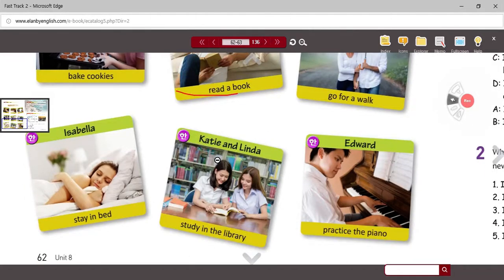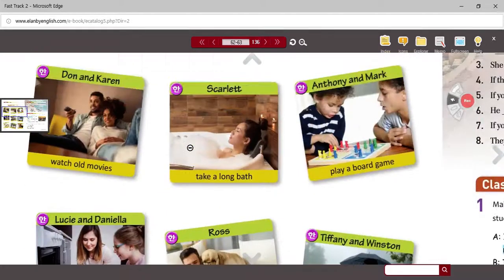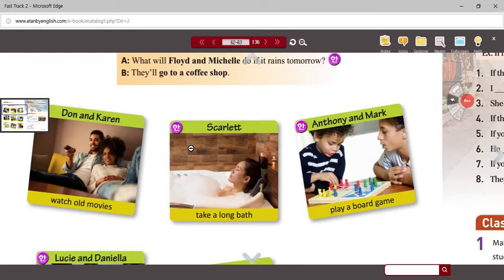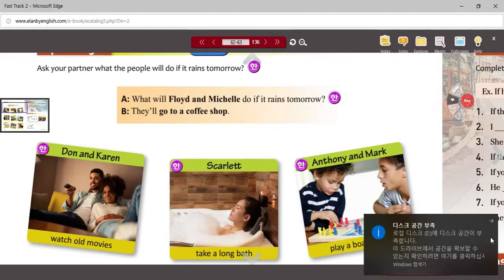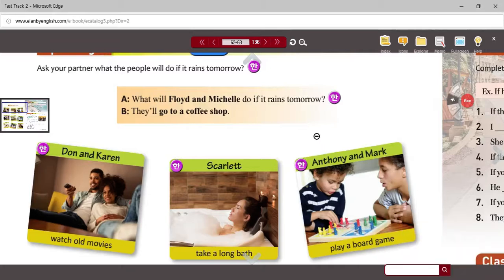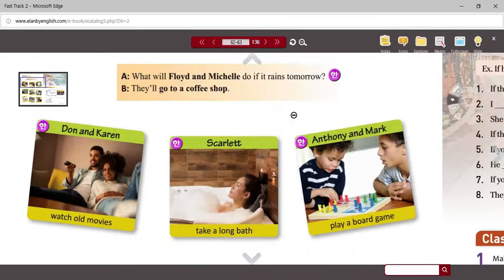These are all people who may have had plans, but if it rains tomorrow, they may have to make different plans. So talk about this with a partner. If you are alone, you can read both turns, and we'll review this when we get back. Press pause, and then we'll review. Okay, let's see how you did. I'll go through these. You can compare my answers to your own.